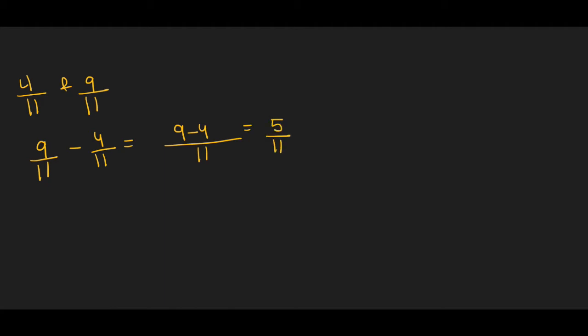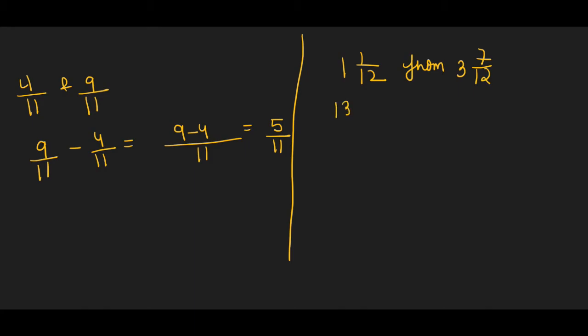Another example that we can look into, subtract the mixed fraction 1 1 by 12 from 3 7 by 12. First we will convert them into improper fractions. So this will be 13 upon 12, and this will be 43 upon 12.